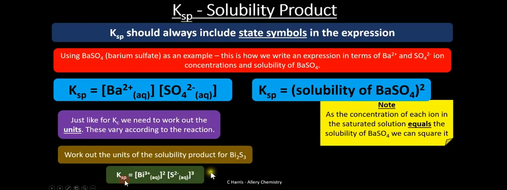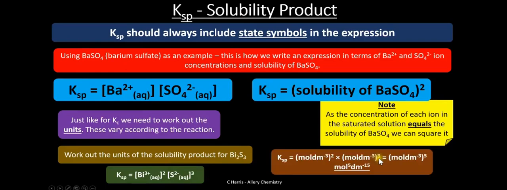So your Ksp will look like this. Ksp is going to be equal to the concentration of this raised to the power of 2, because we will form 2 moles of Bi every time this solid dissolves, and 3 moles of sulfur every time this solid dissolves. So you raise to that stoichiometric ratio, and so that's your expression for Ksp for this solid.